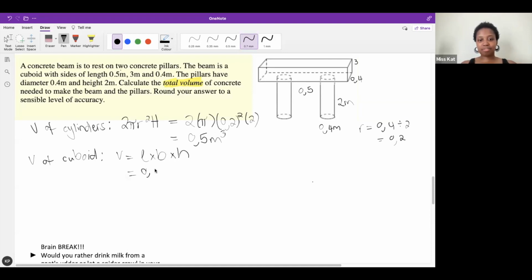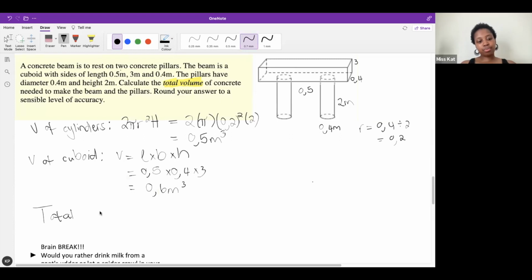So it's 0.5 times 0.4 times 3. And how much does that give us? It gives us 0.6 meters cubed. And then what do we do with our two volumes that we have now worked out? You total them, you add them together.